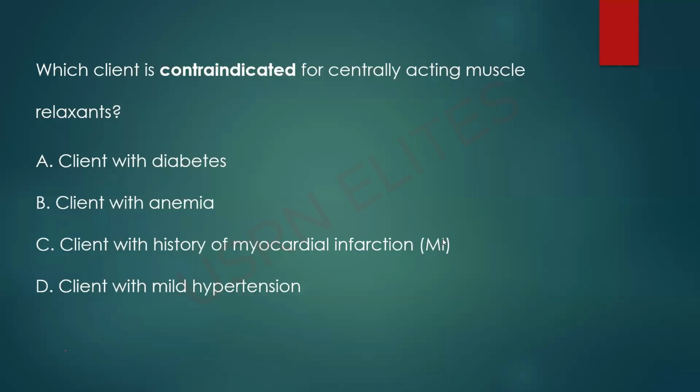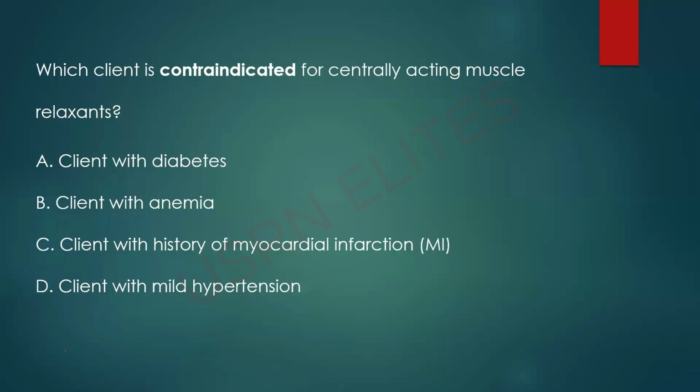Which client is contraindicated for centrally acting muscle relaxants? A, client with diabetes. B, client with anemia. C, client with history of myocardial infarction. D, client with mild hypertension. Wait, don't say the answer. Let me pick someone at random and ask. Adoma, are you here? When I mention your name, don't get lost.